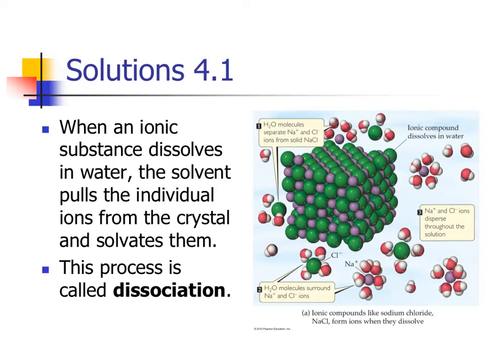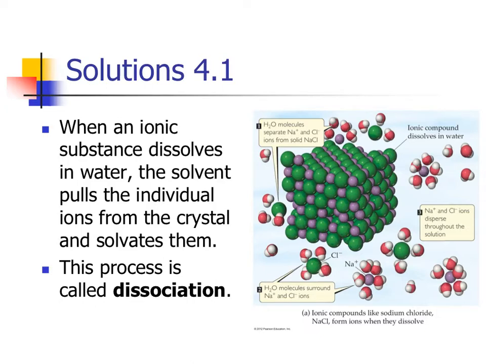We can see in this picture that the water molecule, which is polar, is going to be separating the parts of sodium chloride, which is an ionic compound, most commonly known as salt, even though all salts are considered ionic compounds.